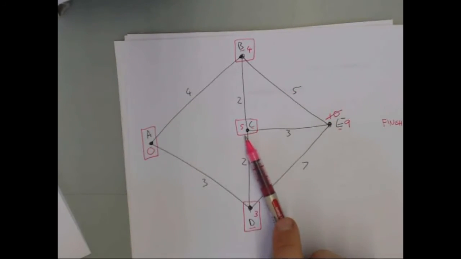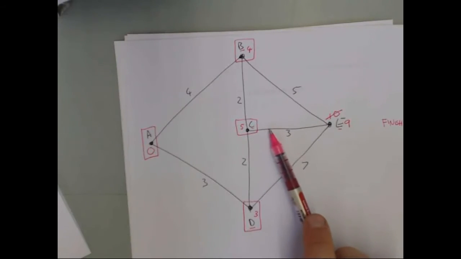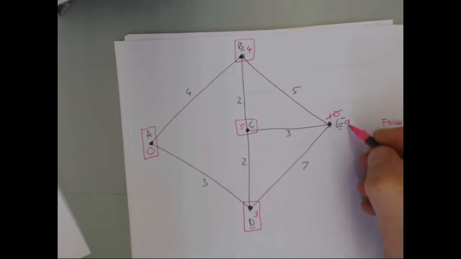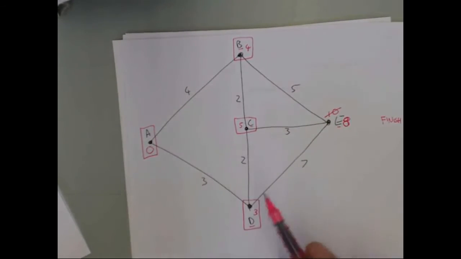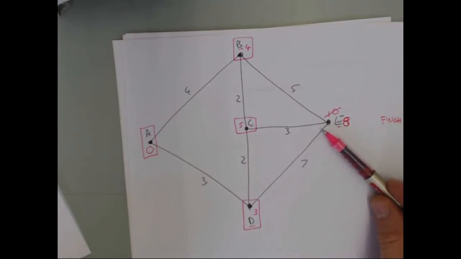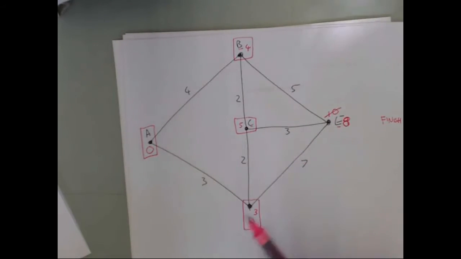This road here though, I know 5's the fastest I can get to here, and if I take an additional 3, I would have got here in 8. So I'm going to turn this 9 into an 8. And this one here is starting at 3 and taking 7, so that's 10, which is bigger than 8, so I leave it.